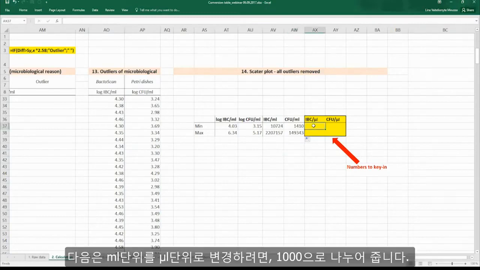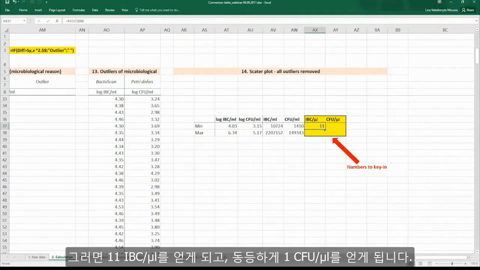To recalculate per microliter, we have to divide the data per milliliter by 1,000, and you will get 11 IBC per microliter equal to 1 CFU per microliter.